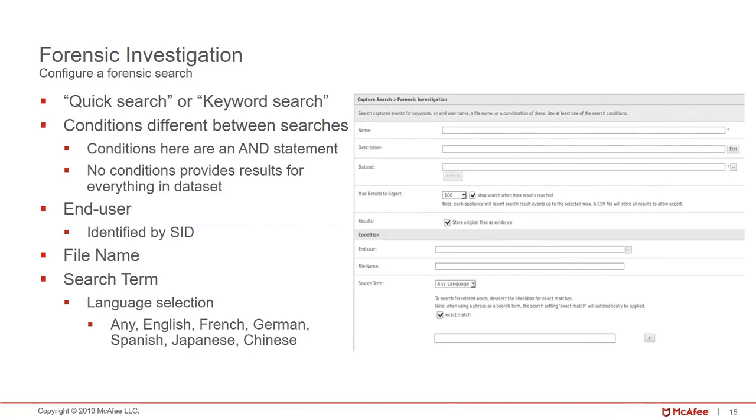So if there's maybe a classified document that you're looking for to see if it's left your environment, you can put that specific file name here, and we should be able to see if that passed through any of your appliances. And again, going back to the search term, we do have some default languages. By default, it's set to any language, but of course we support English, and we also support French, German, Spanish, Japanese, and Chinese.